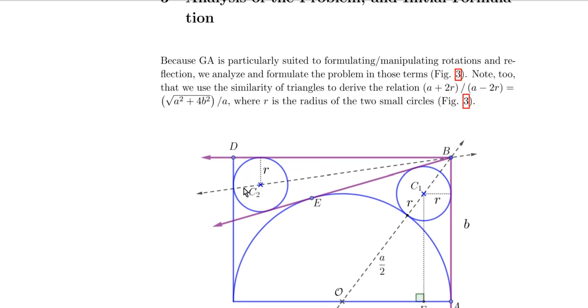What we can see here is that this line that is tangent to all three circles is a reflection of this side with respect to the line that goes from this corner through the center of this circle. But at the same time, this line that is tangent to all three circles is the reflection of this side of the rectangle with respect to this line that goes through these centers and through that corner.